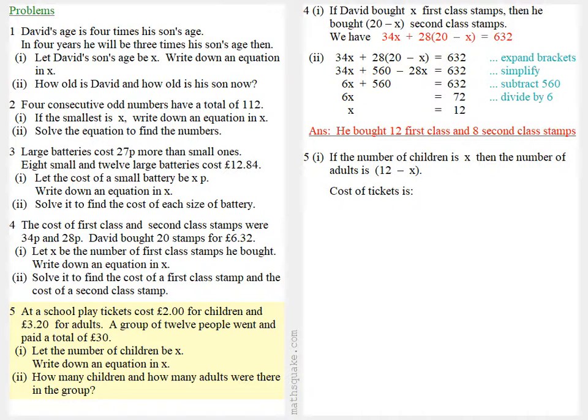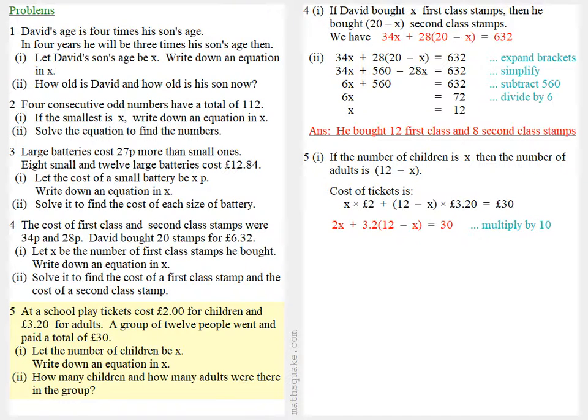Now the costs of tickets are £2 times the number of children, plus £3.20 times the number of adults, and that comes to £30. So x times £2 plus 12 minus x times £3.20 equals £30. We can write that as 2x plus 3.2 into 12 minus x equals 30.